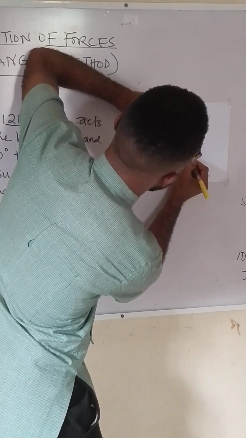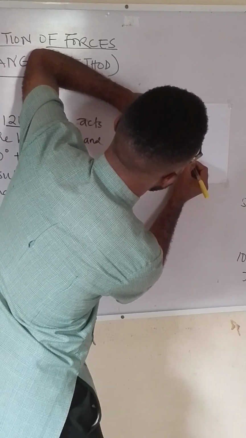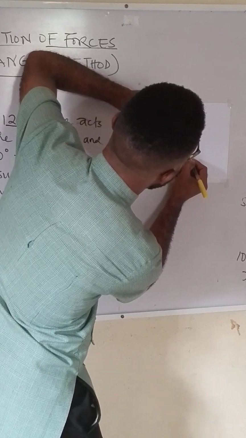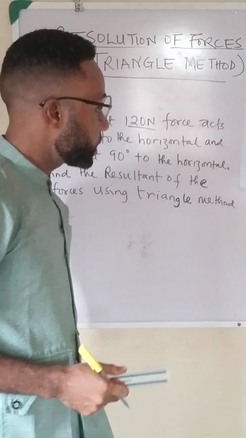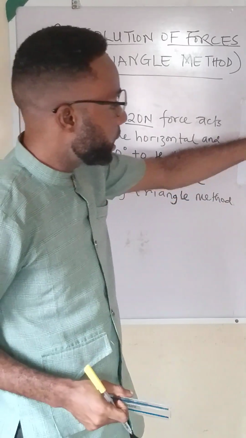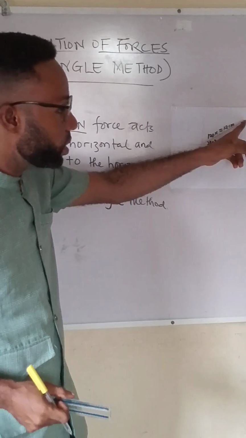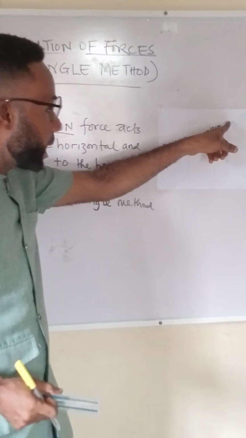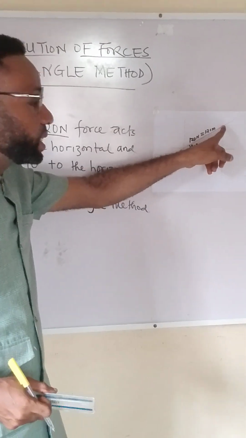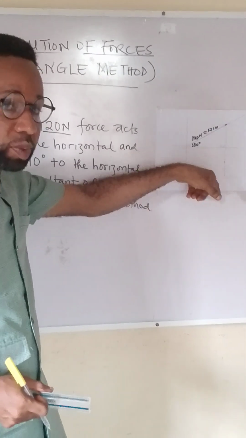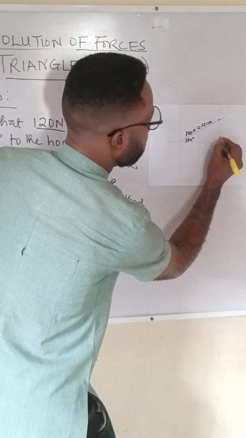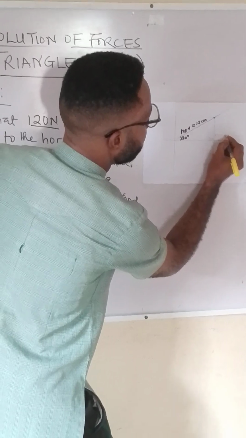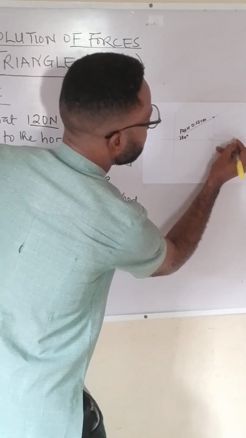That is where our point is. And as I said earlier, when you are using the graphical method of resolution of forces, you consider head to tail. When you draw the first vector line, the second one begins from the head. So head to tail, you don't come here to draw. So this is the 100 Newton force, which is equal to 10 cm.